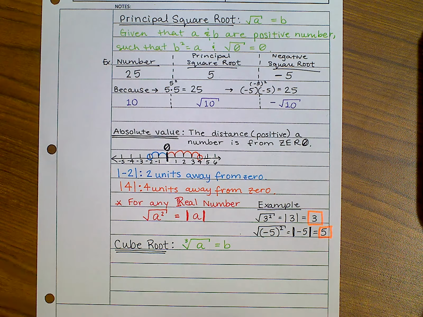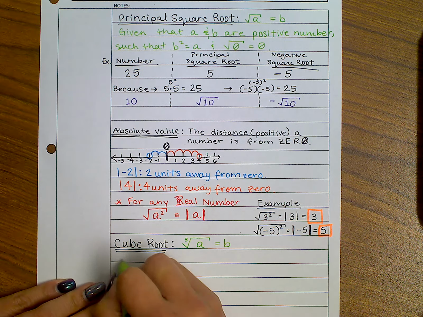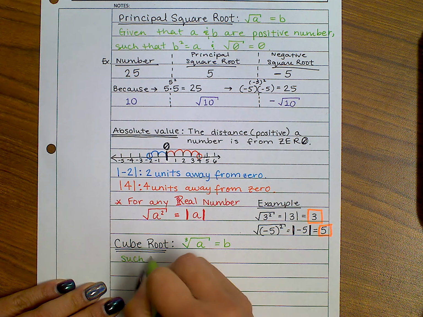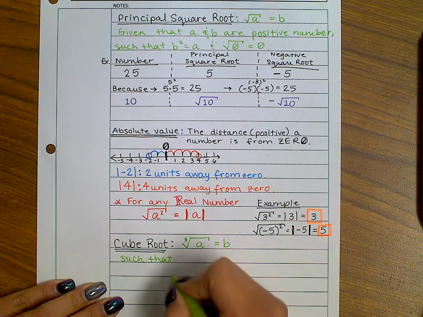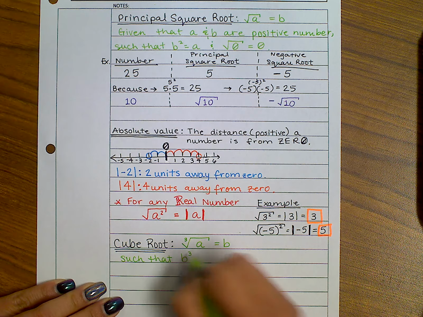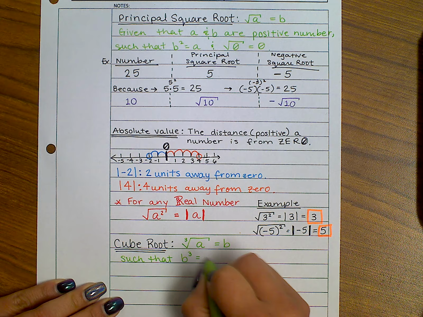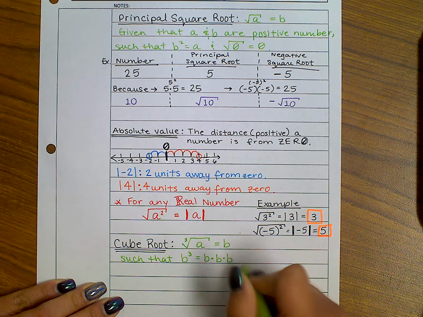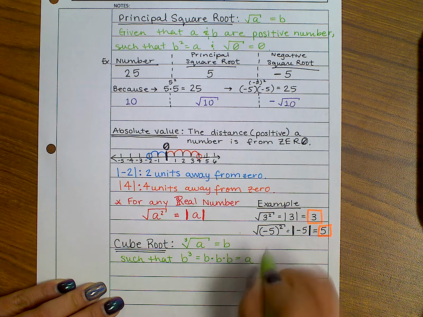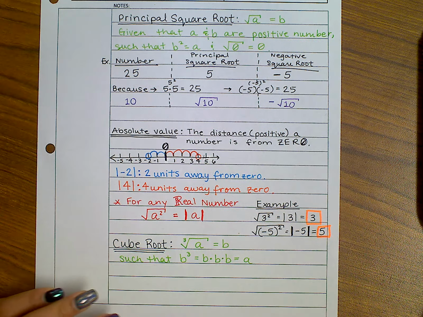Very similar to our principal square root, such that b cubed, which is equivalent to, of course, b times b times b, is equal to my radicand, a.